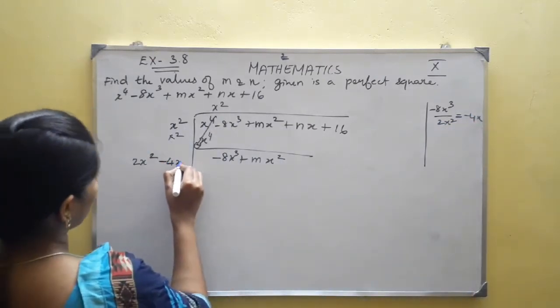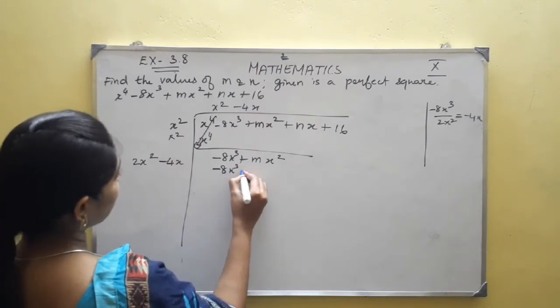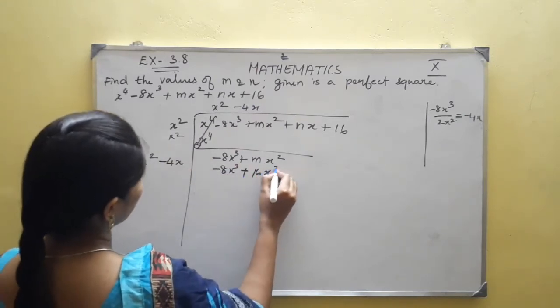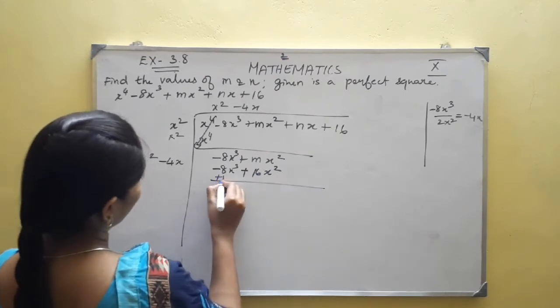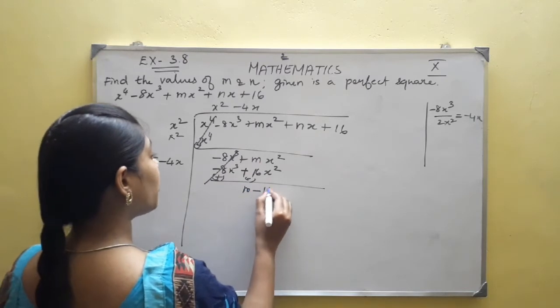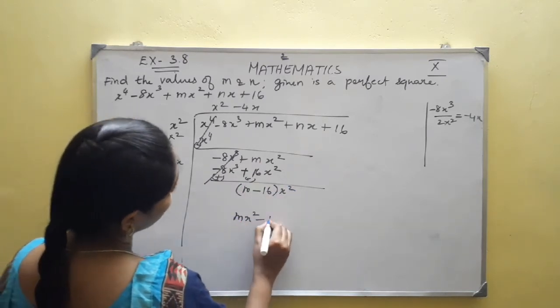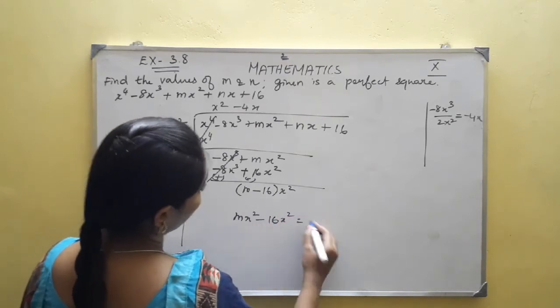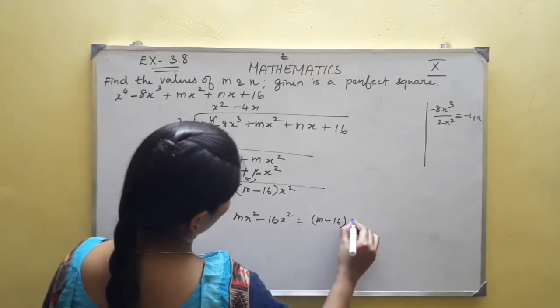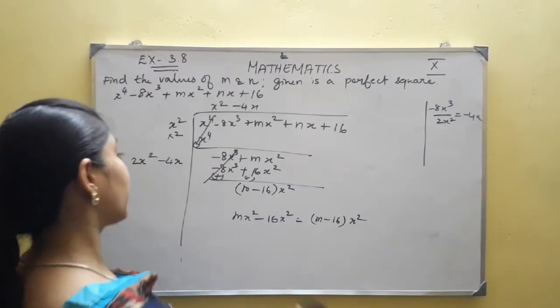So this is minus 4x, minus 8x cube. Minus into minus, plus 4 fours are 16x square. If you change the sign, plus and minus, it gets cancelled. Here you will get m minus 16 into x square. Actually you get mx square minus 16x square; I am just rewriting this as m minus 16 into x square. So be careful while writing this step.